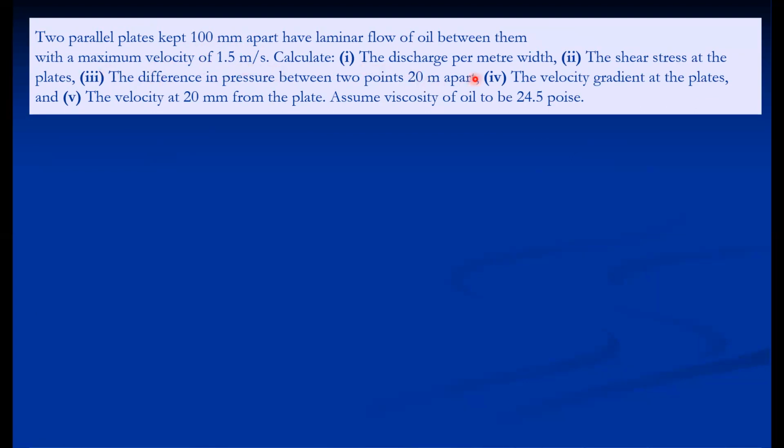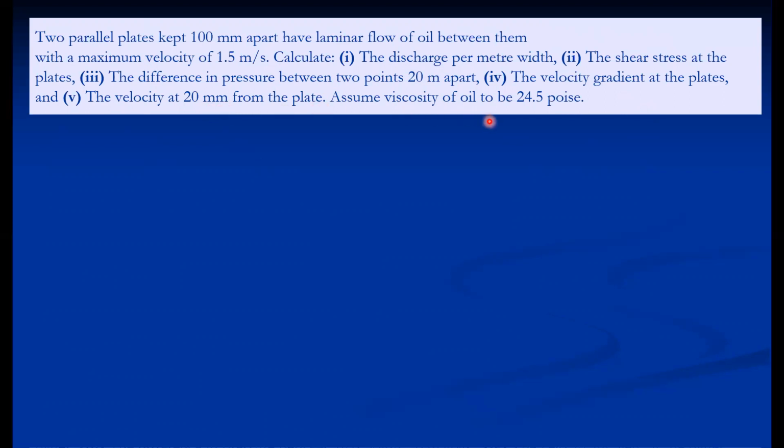Calculate the discharge per meter width, then the shear stress at the plates, the difference in pressure between two points that are L, 20 meter apart, the velocity gradient at the plates, then the local velocity, 20 mm from the plate.